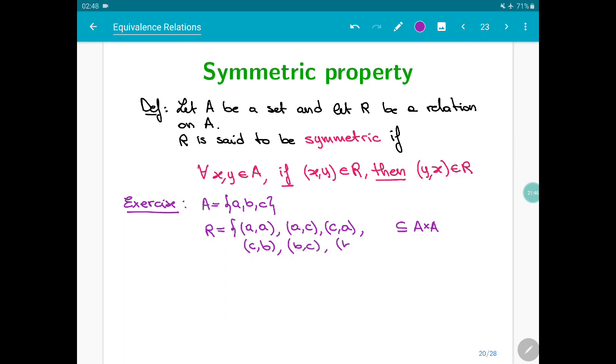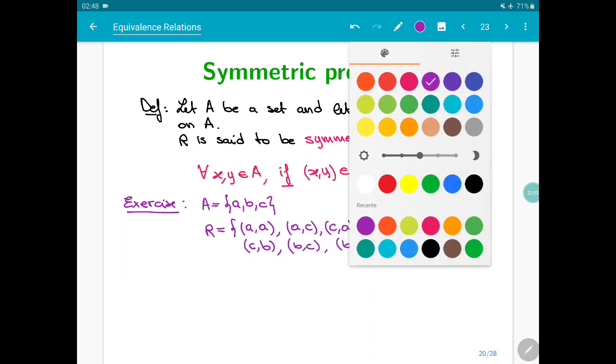And then if you want, you can put BB. But in any case, this is a symmetric relation because by construction, I made sure that whenever I add a couple xy, I'm also adding the pair yx. Let's see a more interesting example.